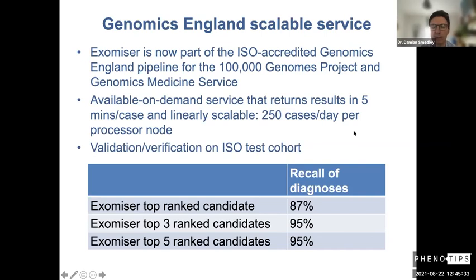This can scale up nicely, run 250 cases per day for each node that you spin up, and it just takes 5 minutes to process the whole genome sequence. And obviously, as part of ISO accreditation, you have to run it on the same cases and show it recalls diagnoses very effectively, and the performance increases with each software release.